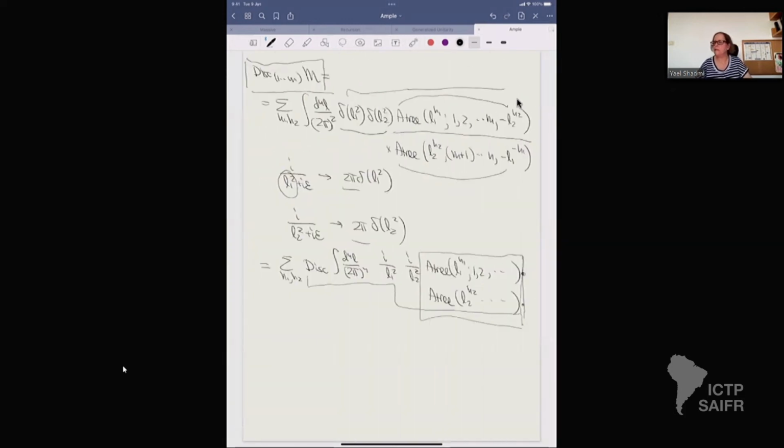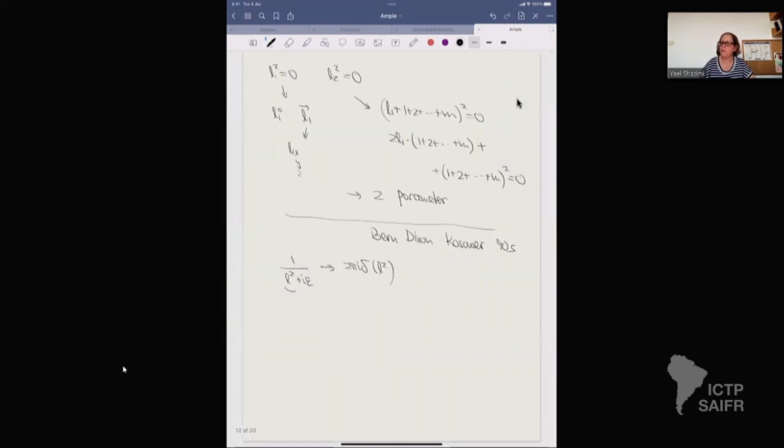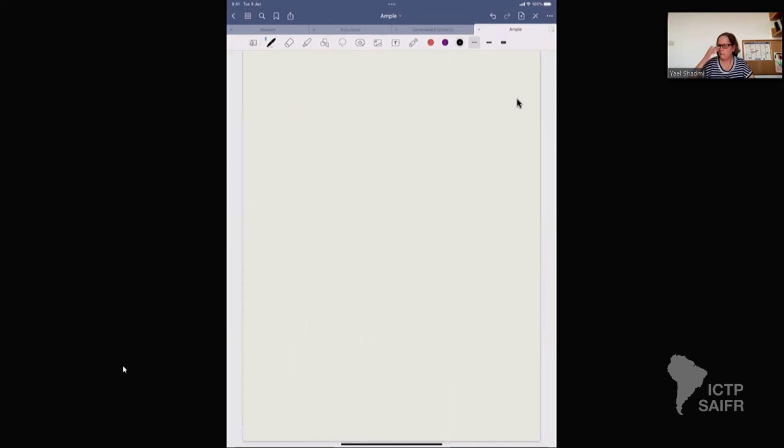So I already said this, but let's write it more explicitly. So for example, for the triple cut, we're going to take 3 of the propagators and put them on shell. So we'll have to sum over the possible helicities of the particles running in those propagators.